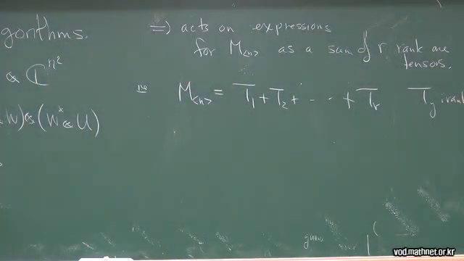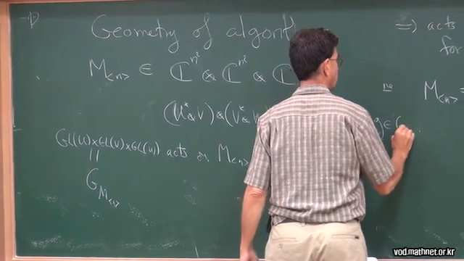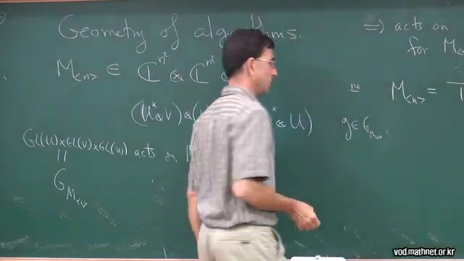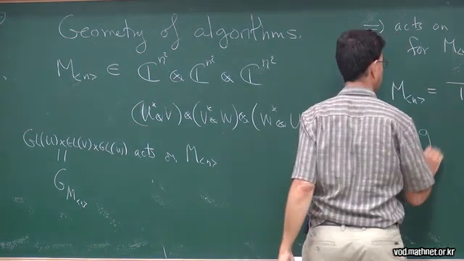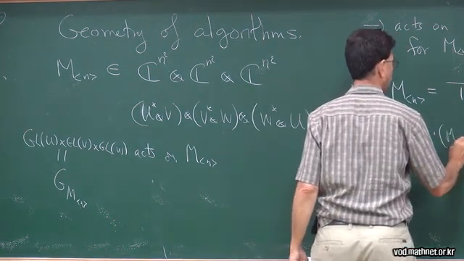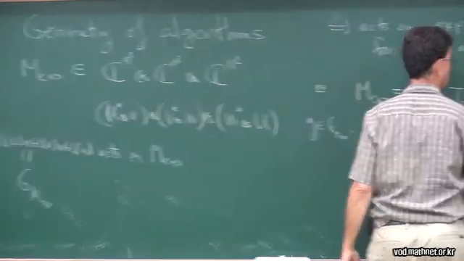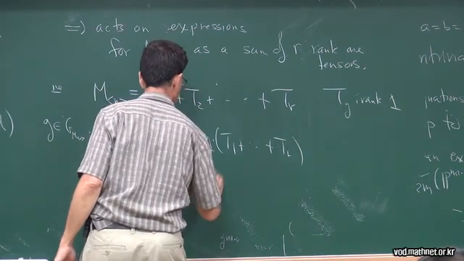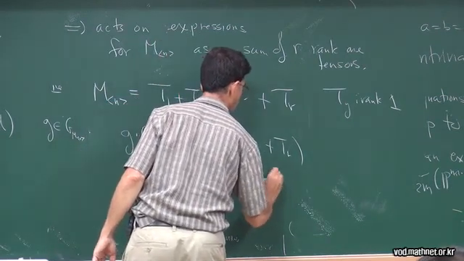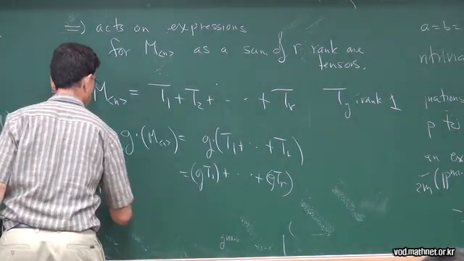Let's call this group, say, G_{M_n}. And now let's say I have g in G_{M_n}. Well, this is an equality. So if I have g dot M_n, this has to be equal to g dot T_1 plus up to g T_R. So this is g T_1 plus g T_R. But this thing here is just M_n.